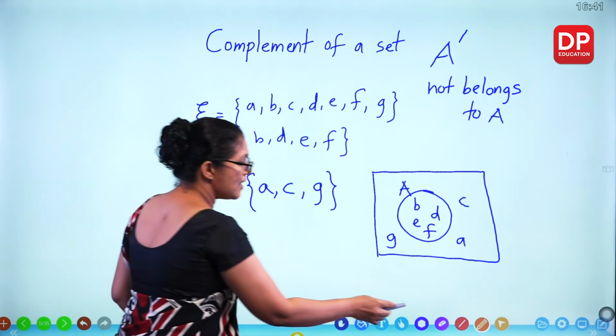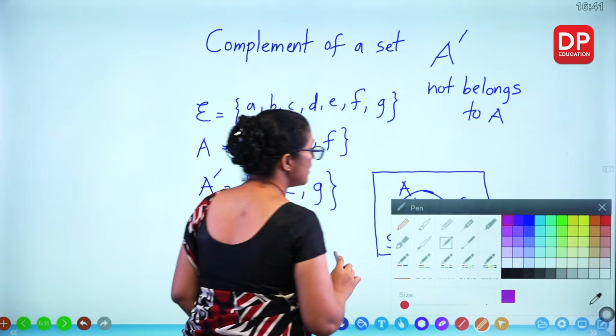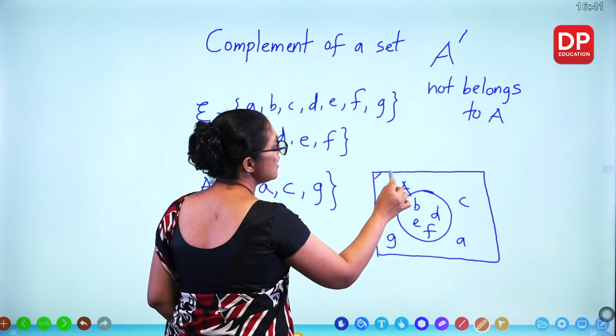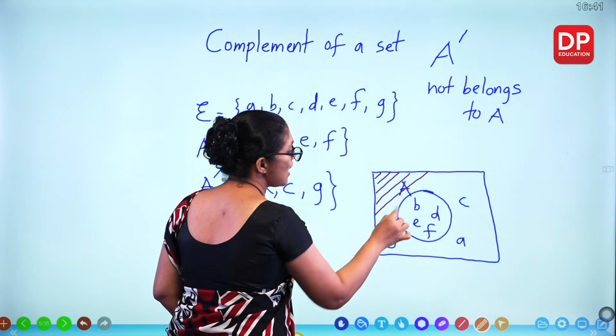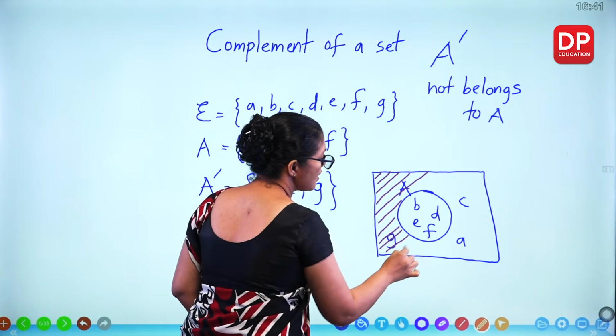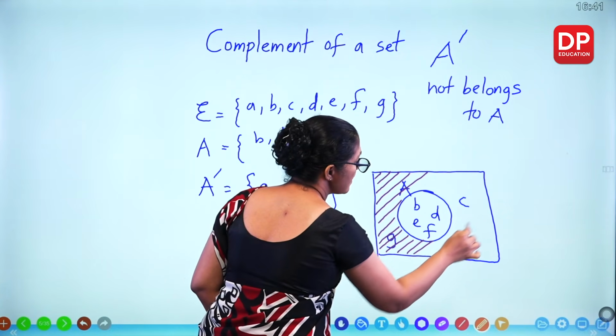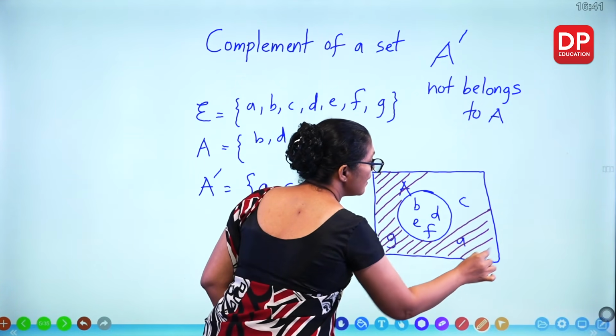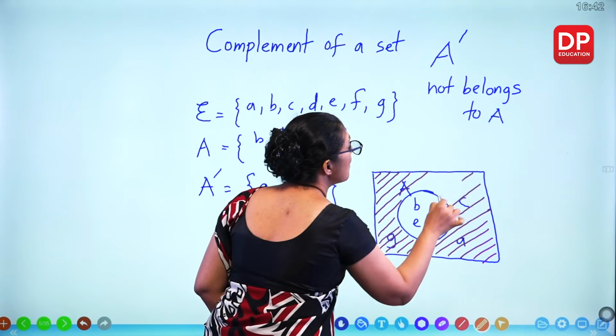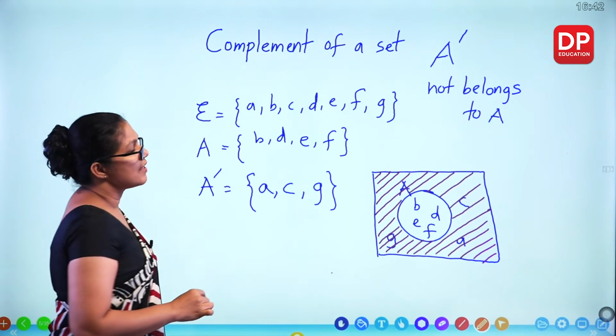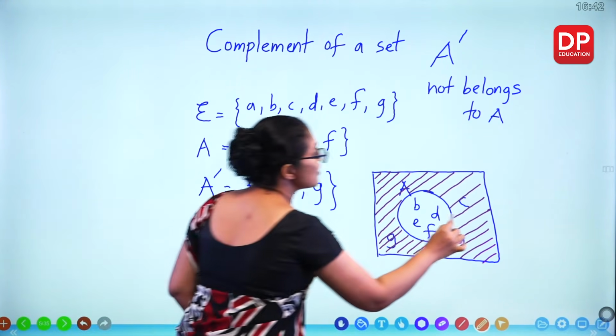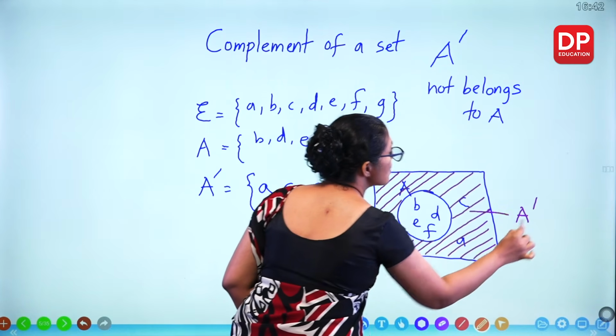So how can we mark the region or shade the region? Everything outside A. So you can't color set A. So that's the A dash region. So this is A dash.